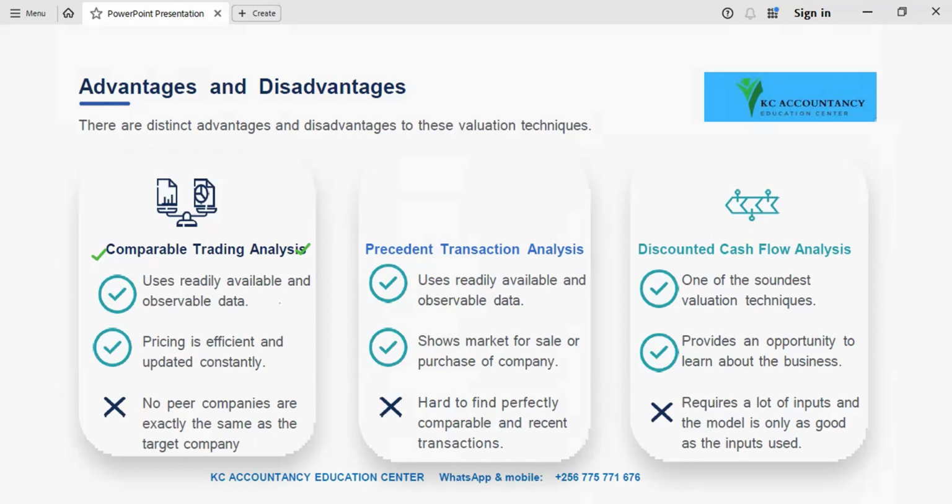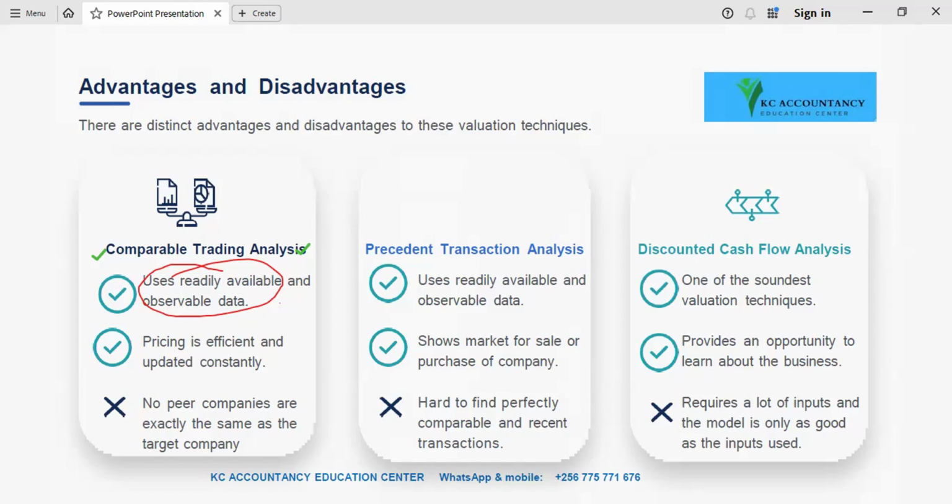One big advantage is that it uses readily available data that is easily observable. In other words, the data is readily available, and it can be observed by any person.